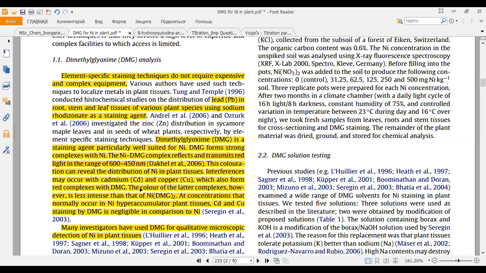So that means there is some interfering agent, like cadmium and copper. They also form complexes with DMG, which are red in color. The color of the latter complexes, however, is less intense than that of the nickel DMG2. So these latter complexes, the cadmium and copper, their color is less intense and has less interference. That means it is not that big of a problem.